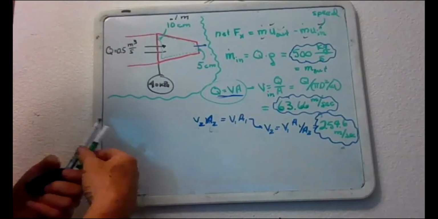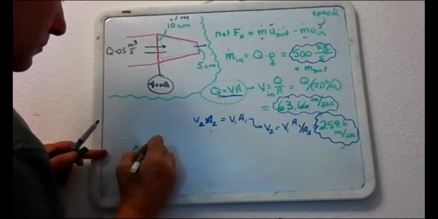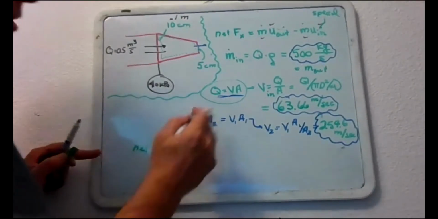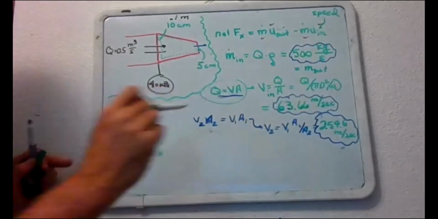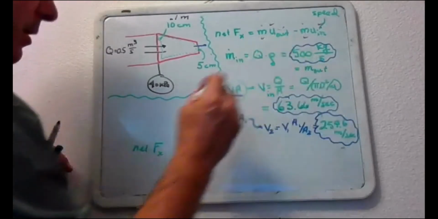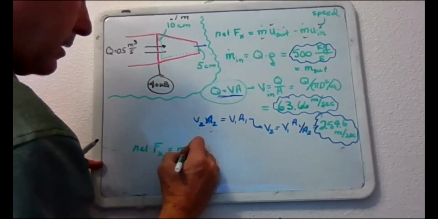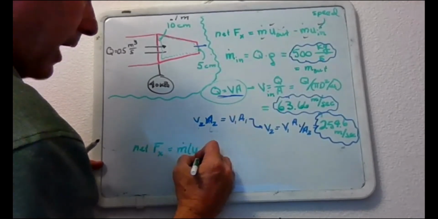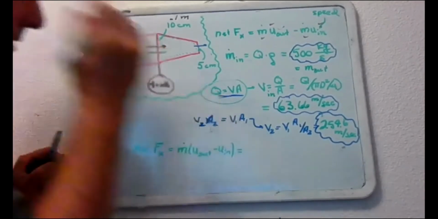So net force in the x direction is going to be m dot u out minus m dot u in. We can save ourselves some work because m dot out and m dot in were the same, so we could factor that out. So we could do m dot times u out minus u in, okay?